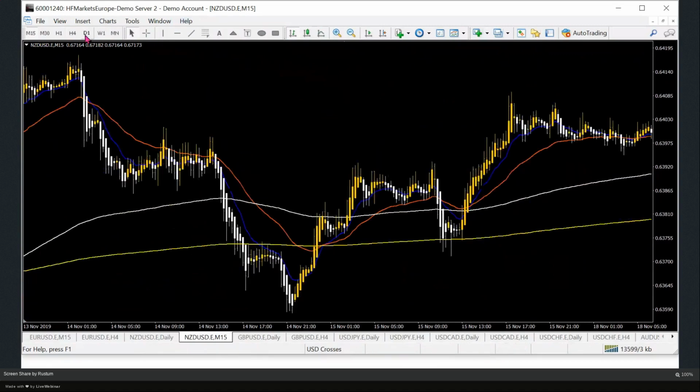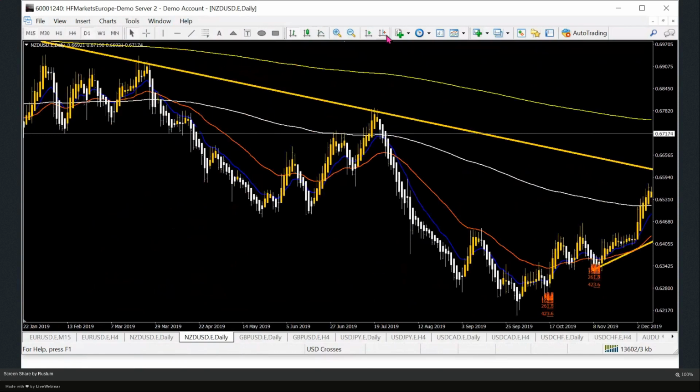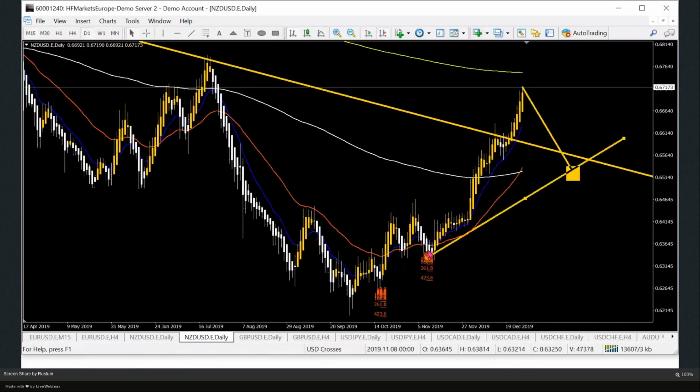And then if we go back to the daily, what we've done here is we highlighted these two areas, and that is where we traded. And then here we are looking for a retracement.